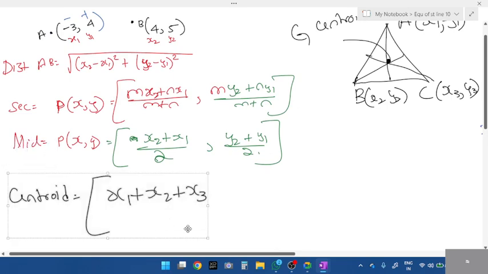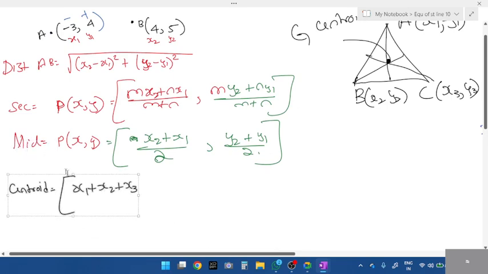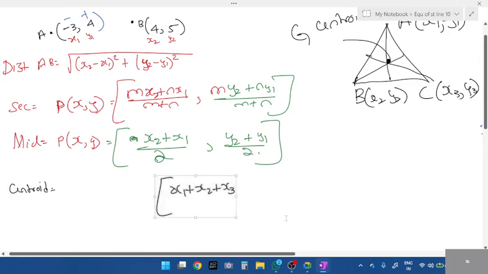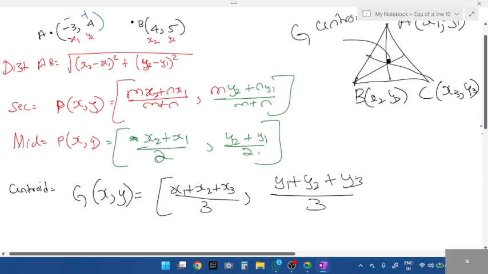So if you want to find the coordinate of the centroid G of x comma y, the formula is x1 plus x2 plus x3 divided by 3. We are using 3 values, so divide by 3. And y1 plus y2 plus y3 divided by 3. You'll get the centroid.